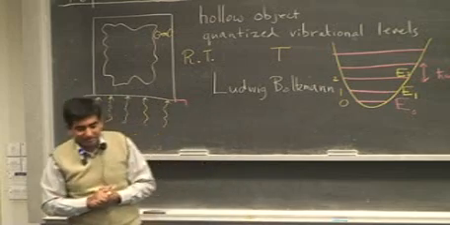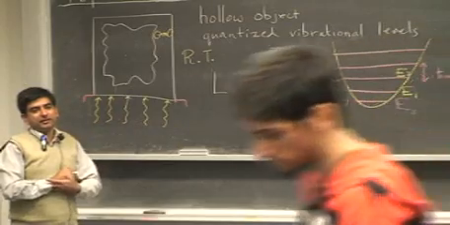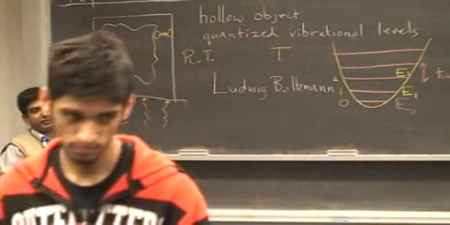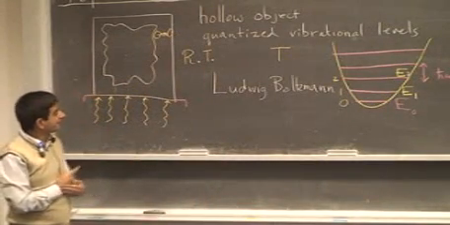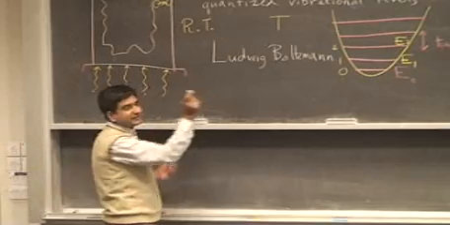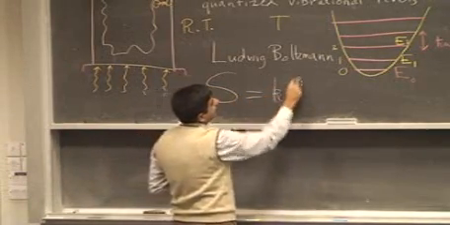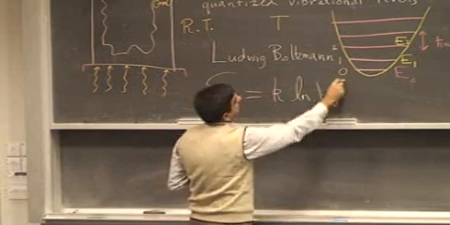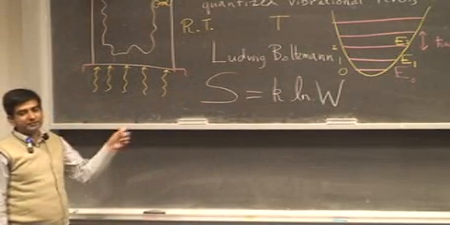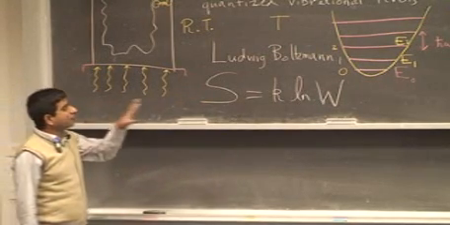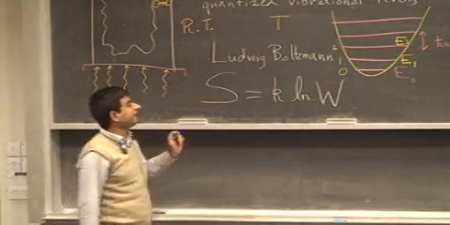But he was a very sensitive human being, and his colleagues used to criticize him quite a lot. So he ended up committing suicide. And on his grave is written not his name but a famous formula: S equals k natural log of W. So this is what is inscribed on his tombstone, and this is what we're going to learn next week about. But Boltzmann provided the answer to the question that I've asked you, and that was in the 19th century.